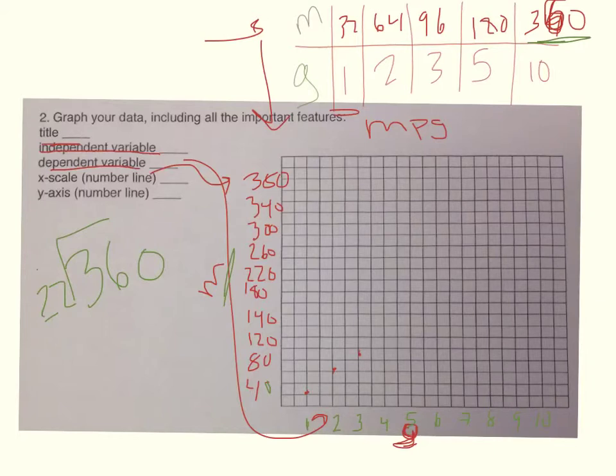I jumped up to 5, and that goes up to 180, which is a really nice intersection. And then I had up to 10, and that was at 360. So I go up to my 10, and halfway between 340 and 380. So now my points are plotted, and I can line up my line, and there is my line showing the amount of miles I can travel per number of gallons.